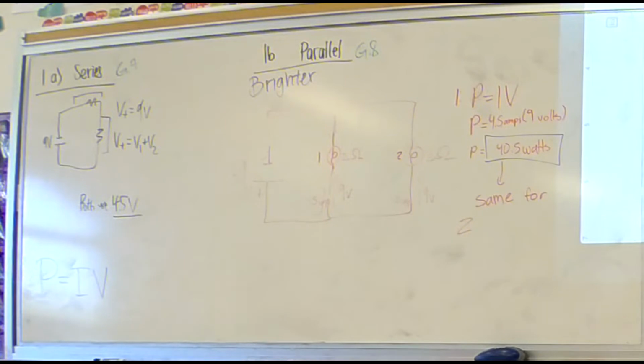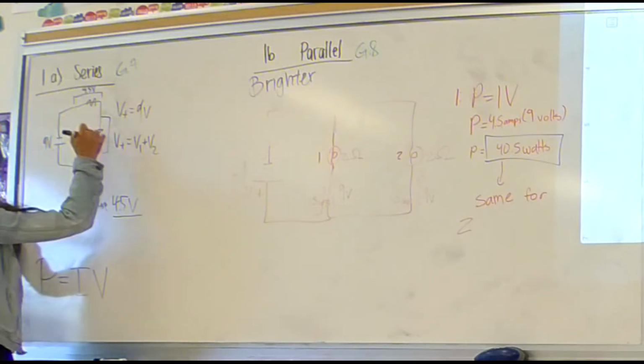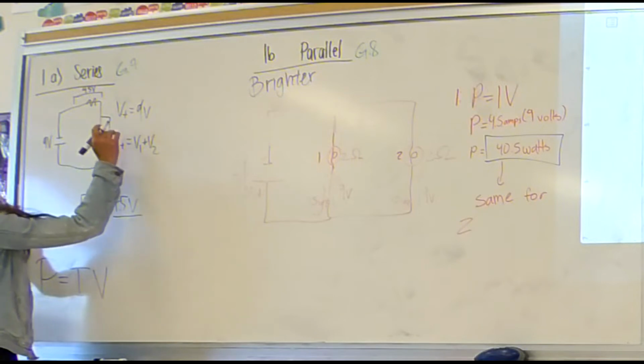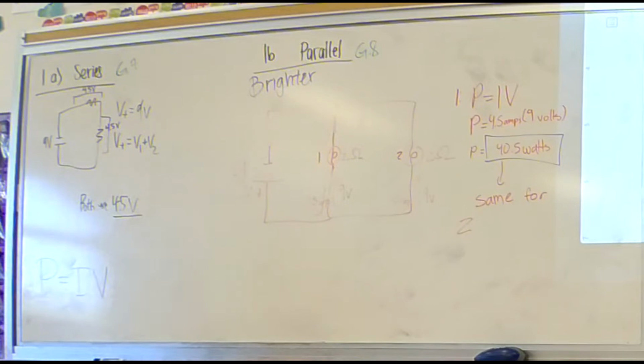But if they weren't the same, you would actually have to calculate it, okay? So this is correct. 4.5 volts through each. 4.5 volts. This is your voltage drop or the potential difference. So those are used interchangeably through each light bulb.